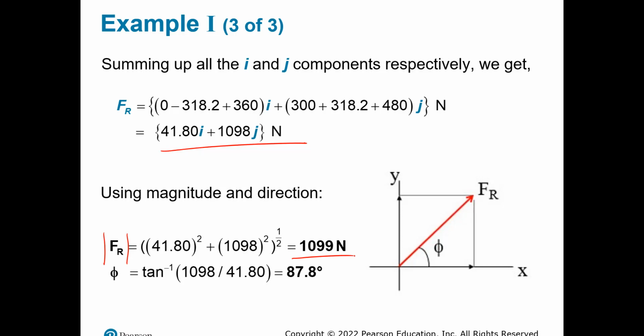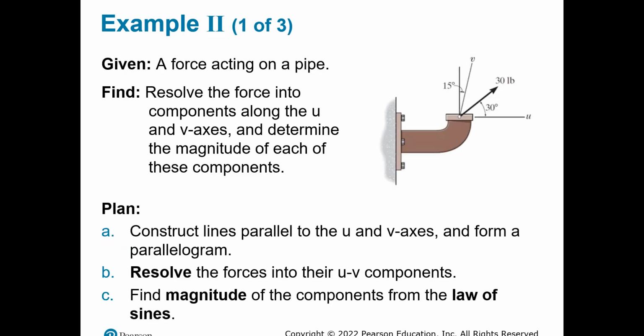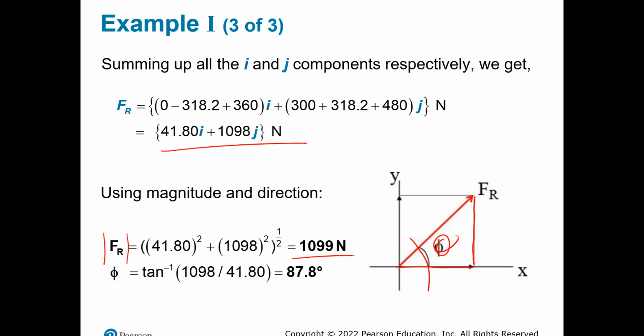And then like we said before, the angle is equal to the inverse tangent of 2 of the sides. So you have the component right here and the other component right there. You have your angle, and then you get the value. So straightforward, pretty simple. So far so good.